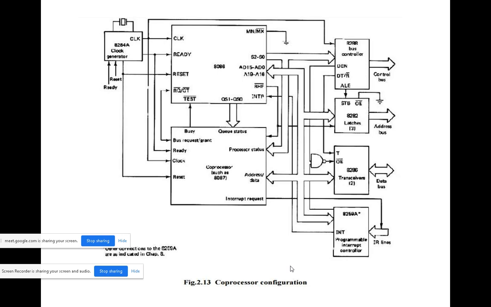Okay, see there you will be having 8086, co-processor 8087, and then 8288 bus controller, 8282 latches, 8286 transceiver, etc. So bus controller, latches, transceiver, programmable interrupt controller. Okay, இதெல்லாம் பார்த்தீங்கன்னா other peripheral device which is used for multiprocessor configuration.